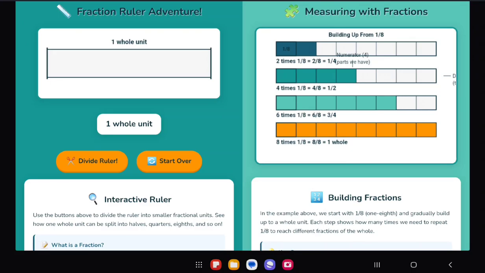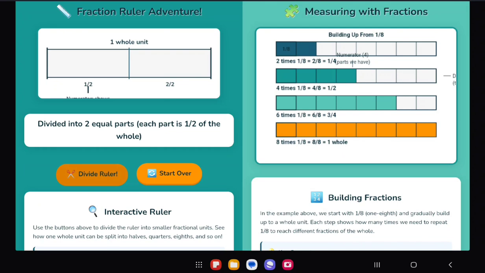Now students, we have an interactive ruler here by using which we can understand fractions in a better way, right? So we have one whole bar or one whole ruler here. When we click here on divide ruler option, you can see that it gets divided into 2 equal parts, right? So the first part is 1 out of 2, or 1/2 fraction, and the second one is 2/2, that is one whole.